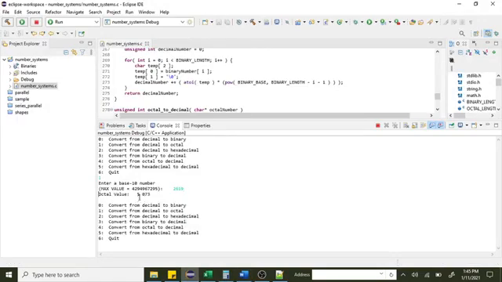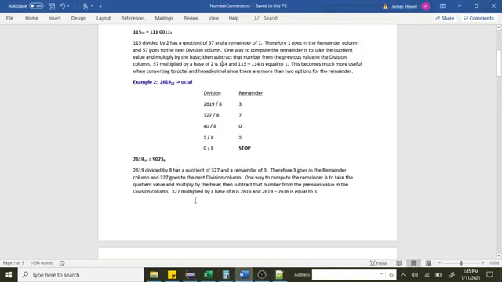It's 5 and then 073. Again, the spacing is not really significant, it's just for readability. So 5073 and 5073. That's the octal.